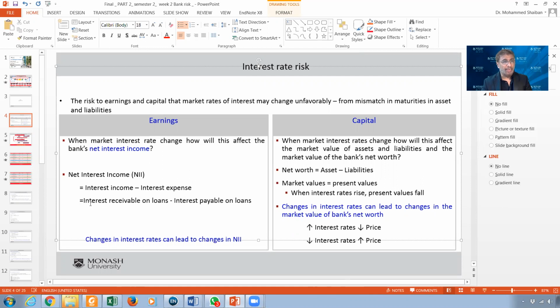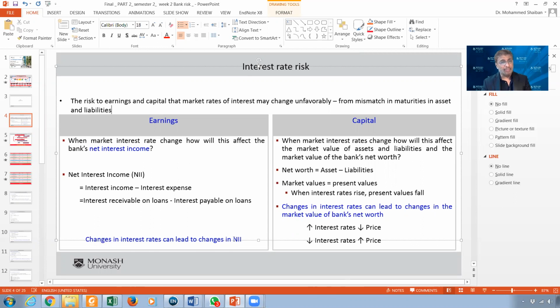The interest income is interest receivable on loans, and the interest expenses is the interest payable on deposits or payable on loans.